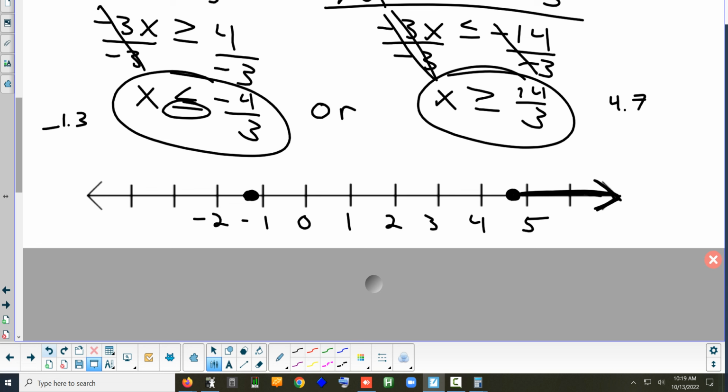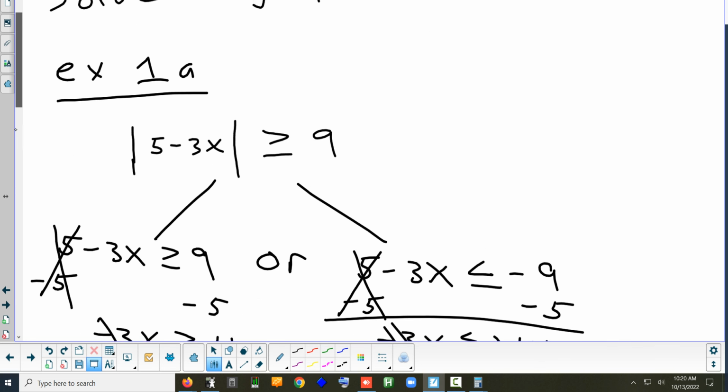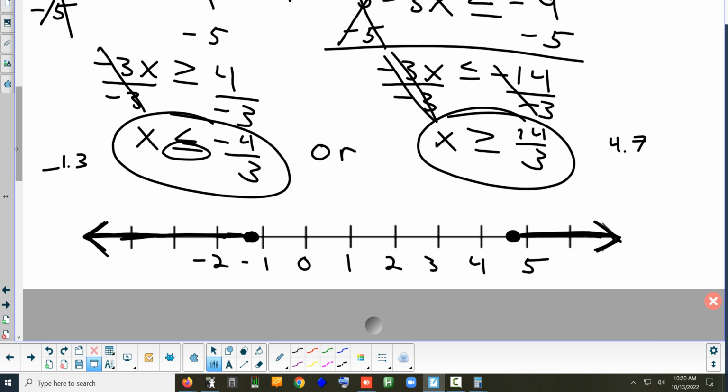To the left. Yeah, to the left. Okay, it's a little annoying that we have the decimal, but that's how you can always do it if you have to graph it. Just change the fraction to a decimal. And as long as you are roughly in the right area, you're going to get credit for it. Okay. Any question on that?